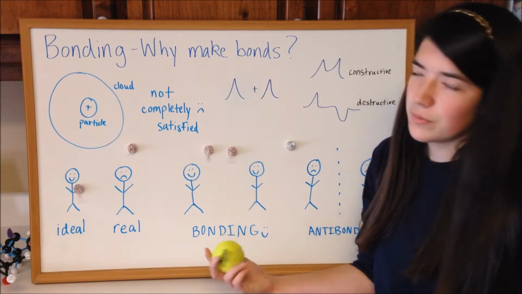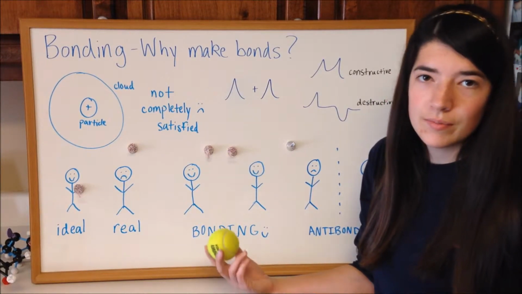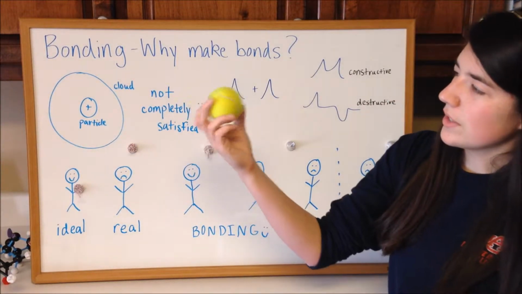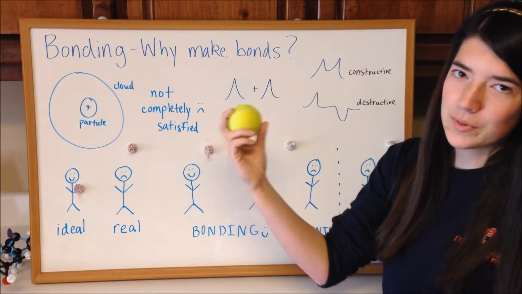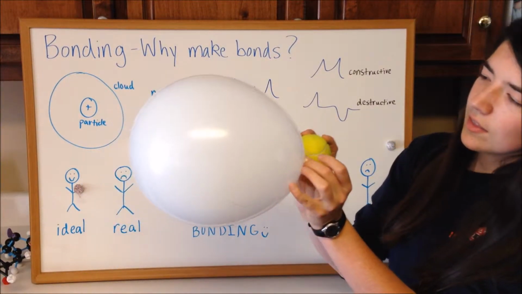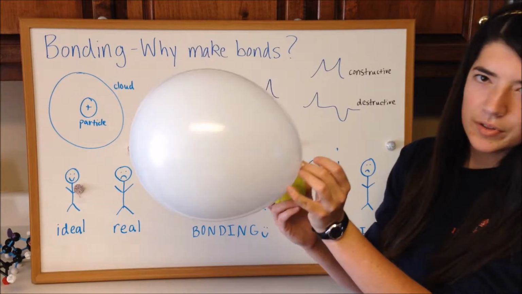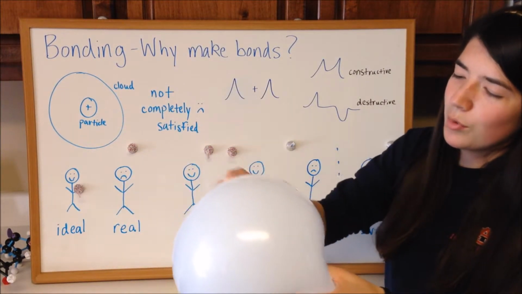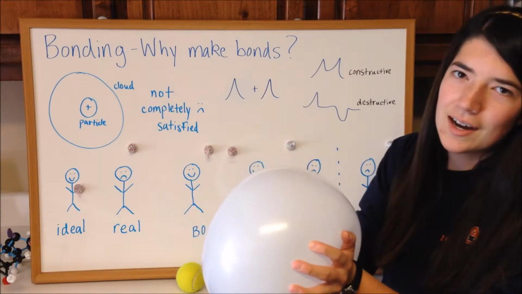And in our situation with the atom, if that were allowed to happen, it would be as if we had stuck the particle-like nucleus with our positively charged protons right in the very middle of this balloon before we had blown it up, and then we were able to compress the balloon right on top.